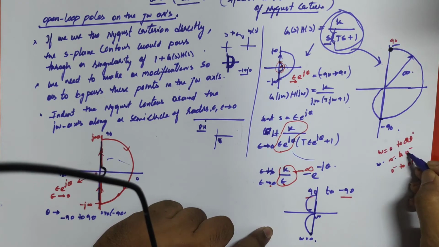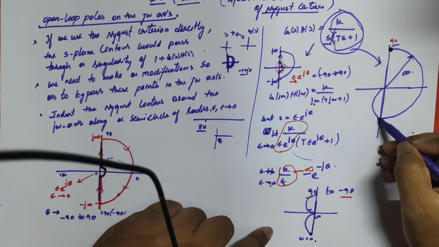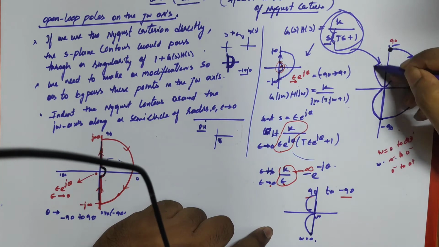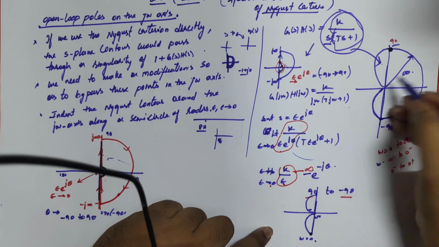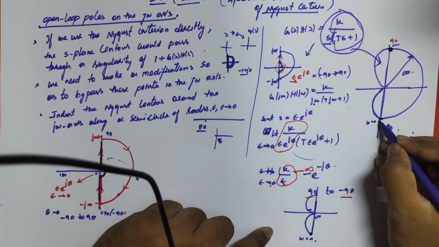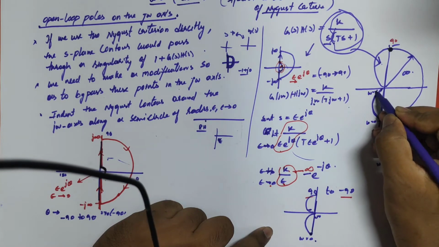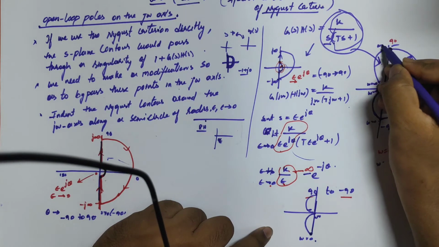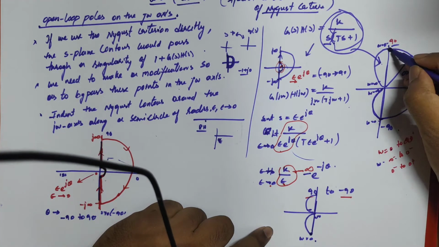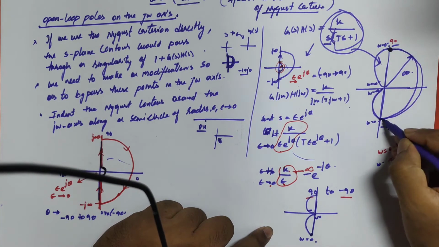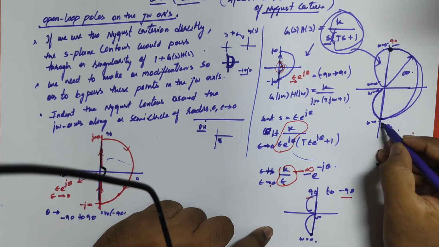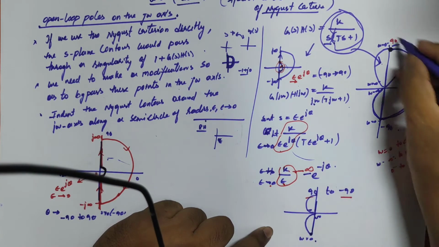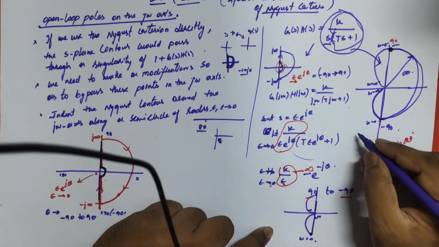From minus infinity to 0 it is the mirror image of this, and I obtain it like this. This is omega equal to 0 to omega equal to infinity, and omega equal to minus infinity to omega equal to 0 minus, and from 0 minus to 0 plus. This is the polar plot I obtained. Okay, the total Nyquist plot I obtained.